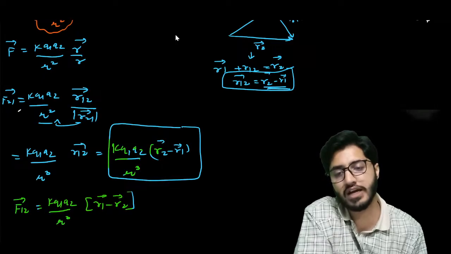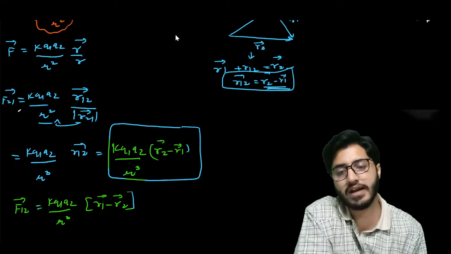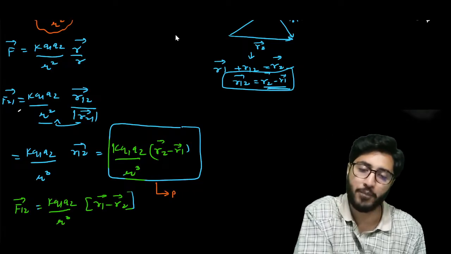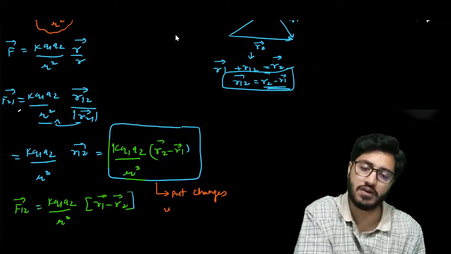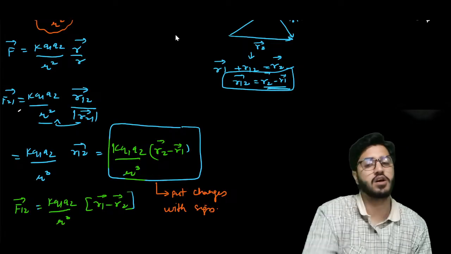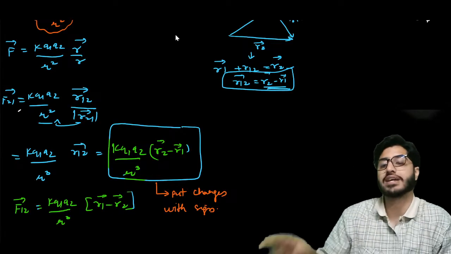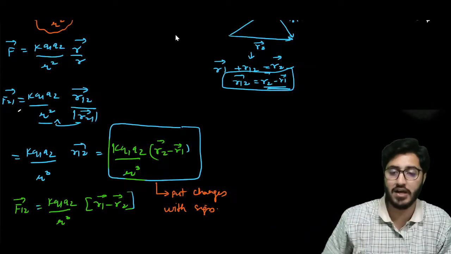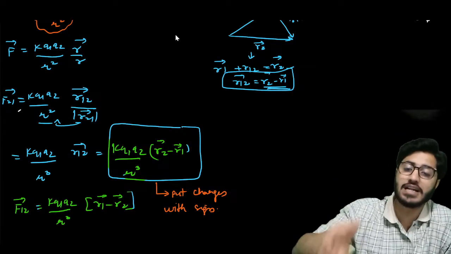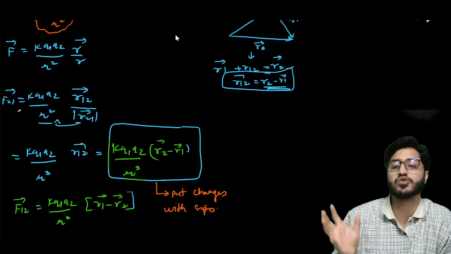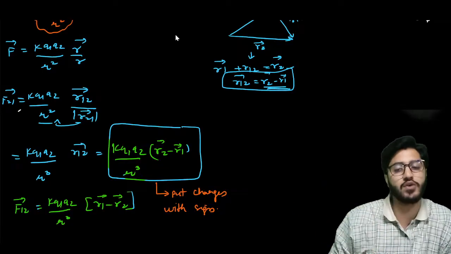And one more thing you need to remember: whenever you are applying Coulomb's law in vector form, put charges with sign. It is compulsory. In the numericals before, we were not taking the sign of Q1 and Q2, but if you are dealing with the vector form of Coulomb's law, you have to put the positive and negative signs.